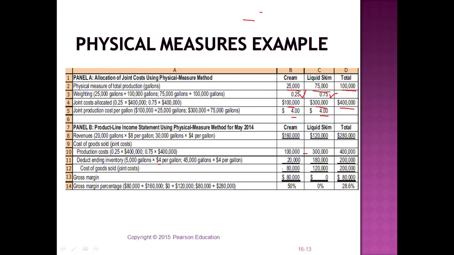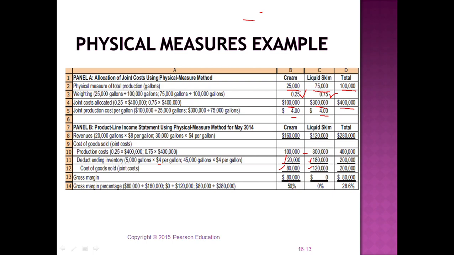So that would be 20,000, and again 45,000 gallons at 4 per gallon is 180,000. So now you got the cost of goods sold, that is 100 minus 20, 300 minus 180, so you got 80,000 and 120,000. Revenue minus cost of goods sold should give you the gross margin.